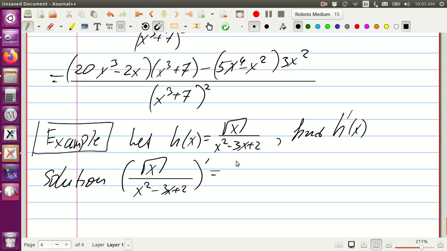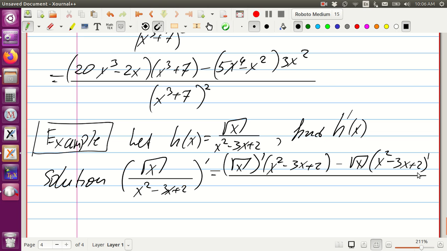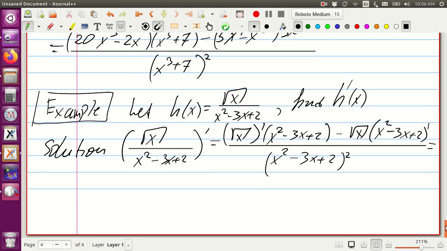So it's the derivative of square root of x times x squared minus 3x plus 2 minus square root of x times the derivative of x squared minus 3x plus 2. And on the bottom we have the expression squared. So x squared minus 3x plus 2 quantity squared. So we say equal.